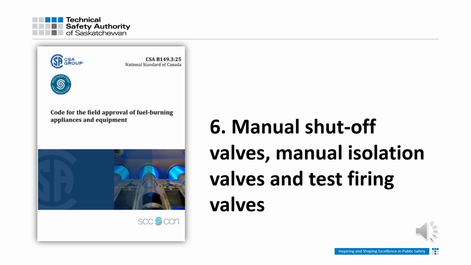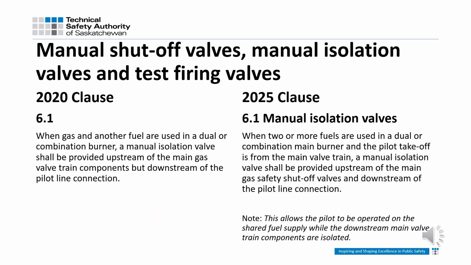Section 6. Manual shutoff valves, manual isolation valves, and test firing valves. 6.1. Manual isolation valves. This clause was rewritten to bring some clarification from the 2020 code. This is for when you have an instance with 2 or more fuels and the pilot comes off the main valve train.